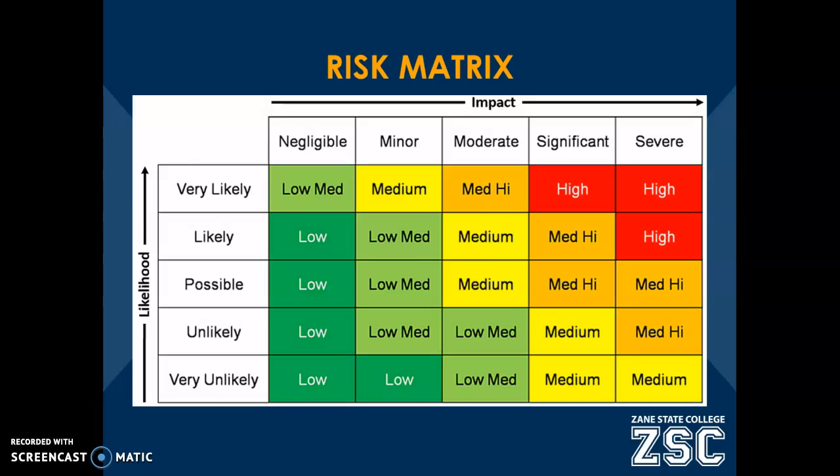We organize the likelihood of the risk along the vertical axis, and along the horizontal axis, we have the impact. If it occurs, will it be negligible or minor, all the way up to a severe impact on the project. So something that is very likely to occur that will have a high or severe impact on the project, that's a high risk situation that we want to definitely have a plan for.